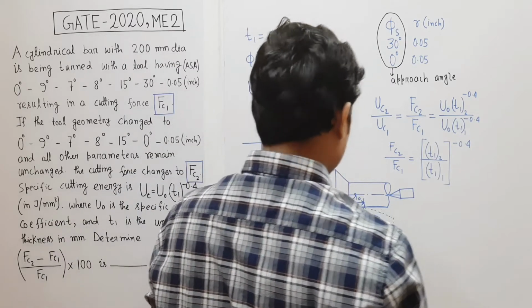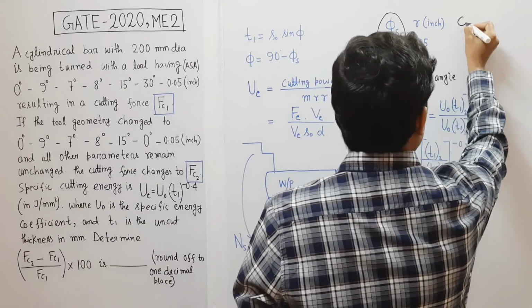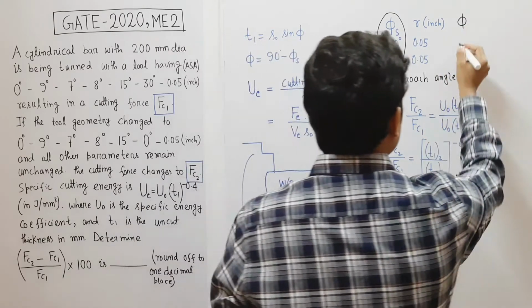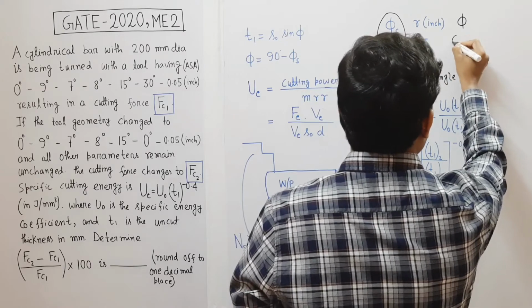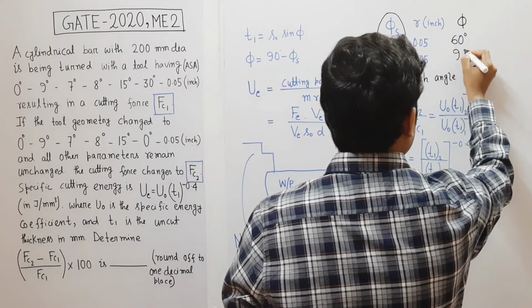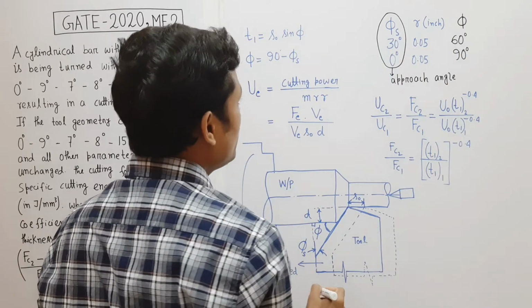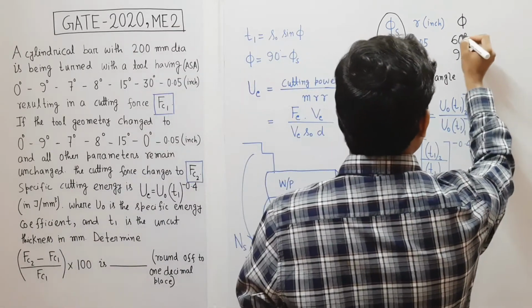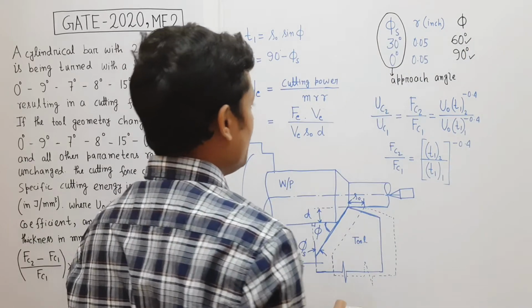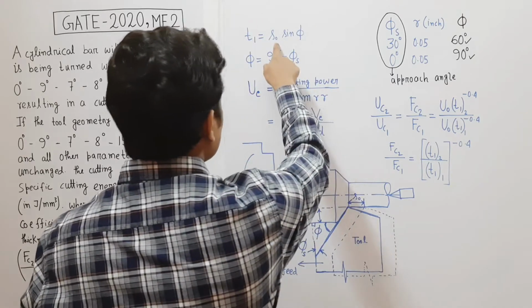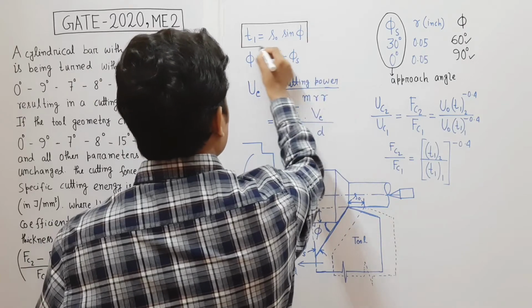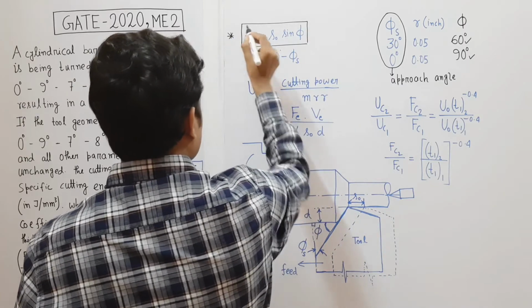So if I find the phi for tool 1 and tool 2, then phi for tool 1 is 60 degrees, 90 minus 30 is 60 degrees, and for tool 2 it will be 90 degrees. So for tool 1 phi is 60 degrees and for tool 2 phi is 90 degrees, and T1 is S0 sin phi.